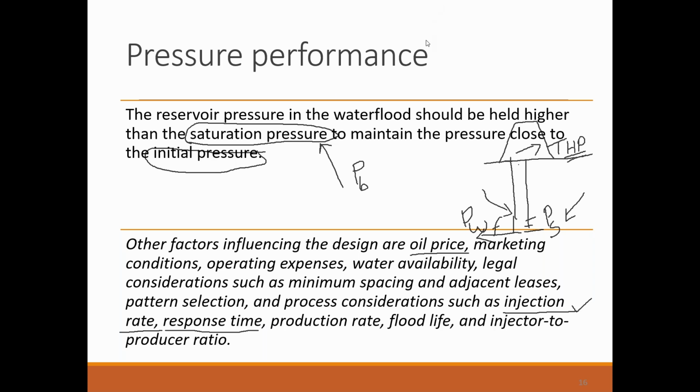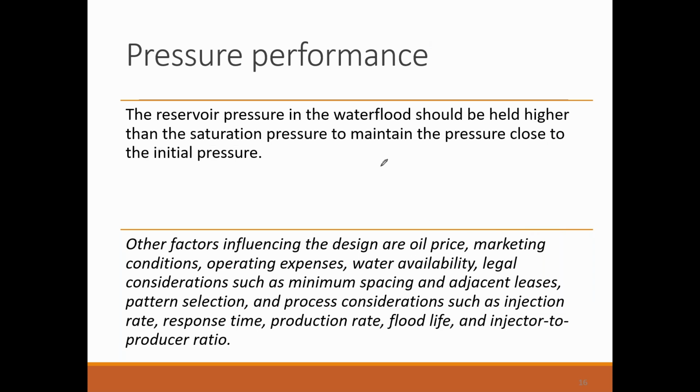So let me draw a figure again and give some illustration. This is the injector and this is the producer. You are injecting in this particular well and trying to produce from this well. How will you come to know whether the water you have injected has reached this producer or not?